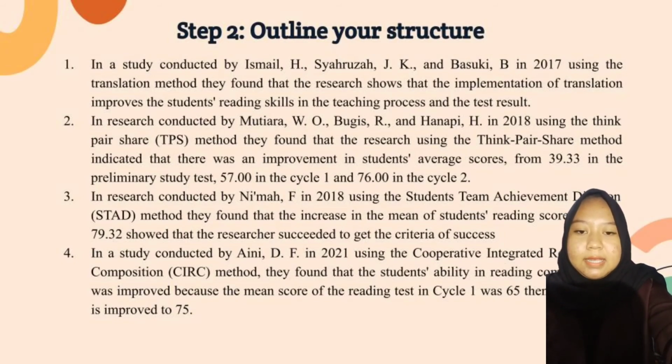And the last, in a study conducted by Aini DF in 2021, using the CIRC method, they found that the students' ability in reading comprehension improved because the mean score of the reading test in cycle 1 was 65 and in cycle 2 it improved to 75.